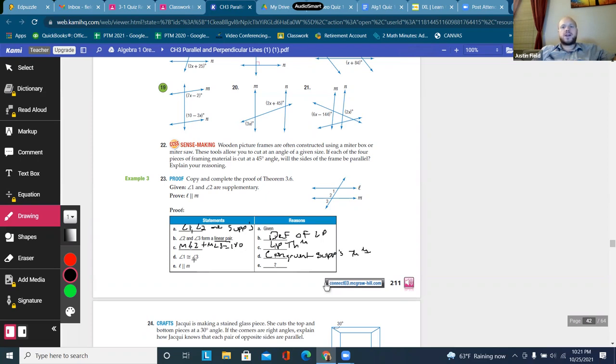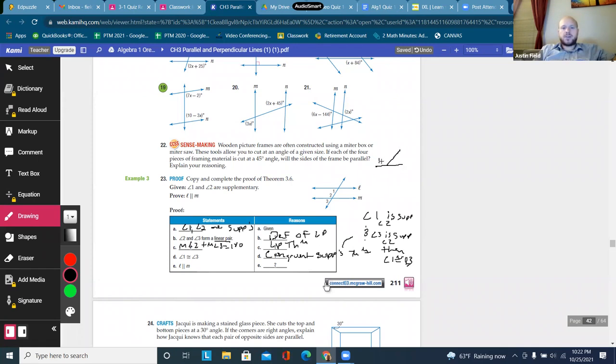Should be a theorem that says if angle 1 is supplementary to angle 2, and angle 3 is supplementary to angle 2, then angle 1 is congruent to angle 3. If it's not there, then I'm telling you no, but it is somewhere because it's in the textbook in this section.